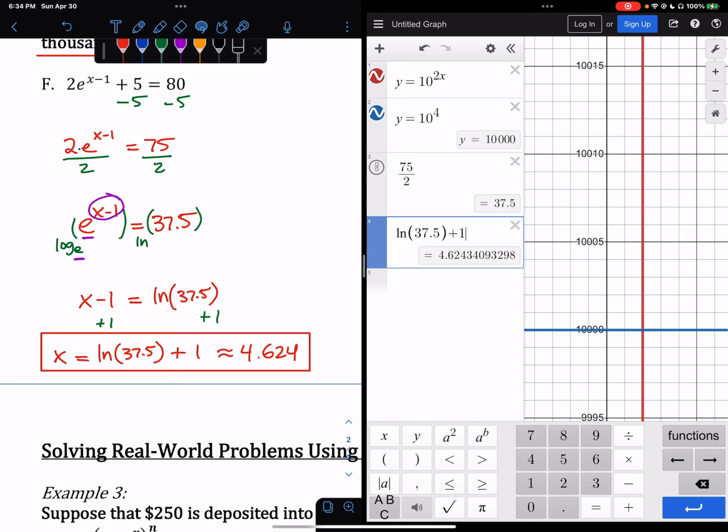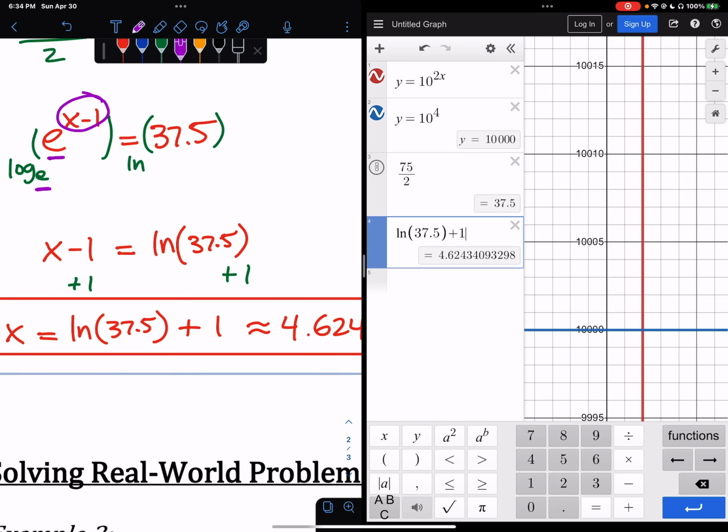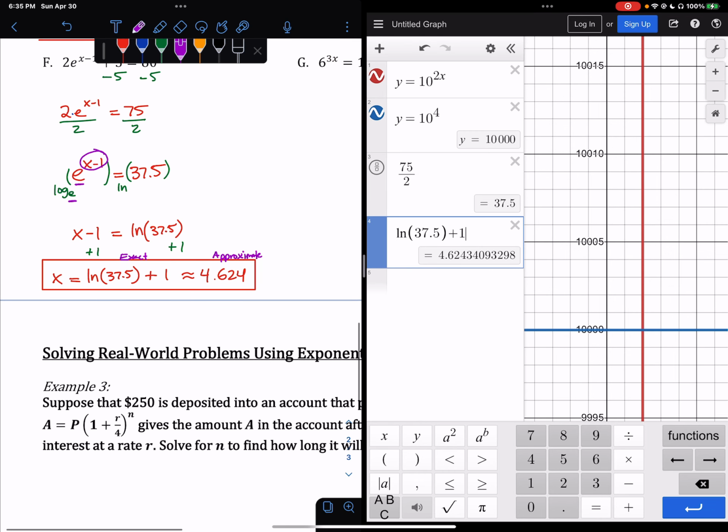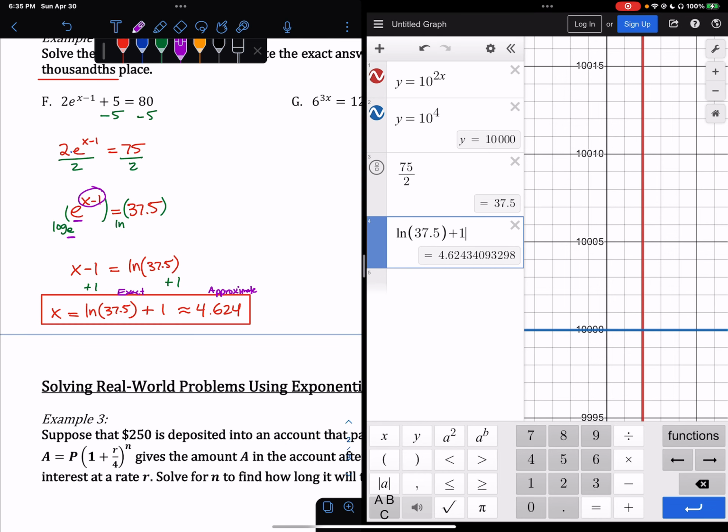And there's our answer. The natural log of 37.5 plus 1 is my exact answer, and then the 4.624 is my approximate. Okay, and that's it. That's letter F. That's how we do it algebraically.